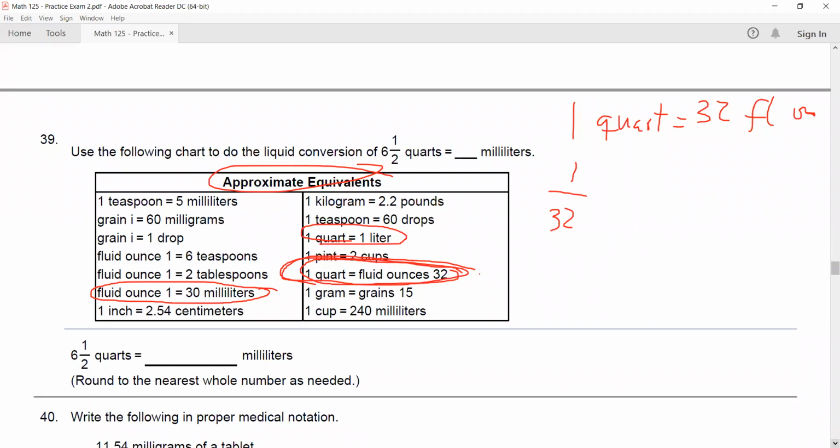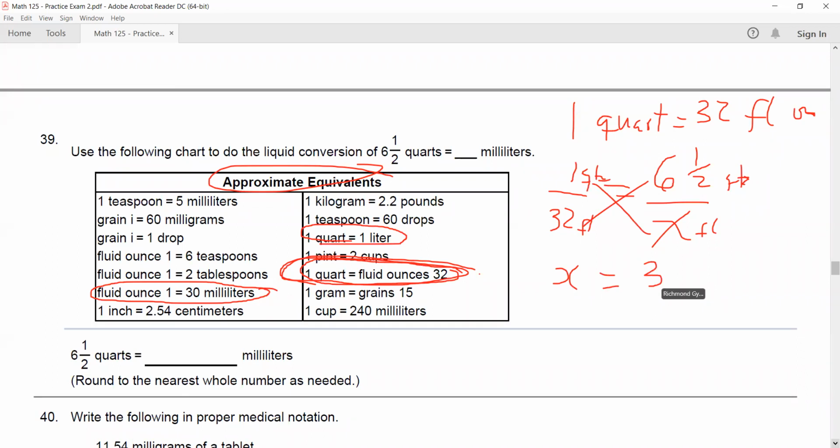Now equal 6.5 quarts divided by X fluid ounce. So here I have fluid ounce, here I have fluid ounce, here I have quarts, here the same thing, quarts. So that works. Now I could cross multiply. 1 times X here is going to be X, and then 32 times 6.5.